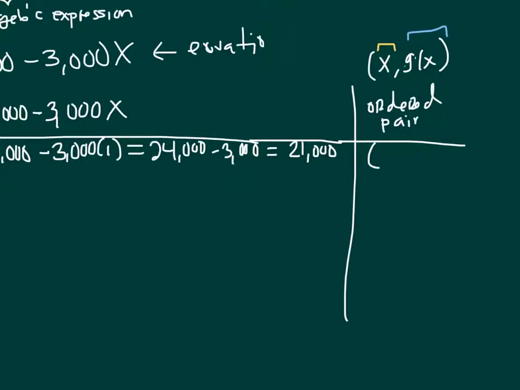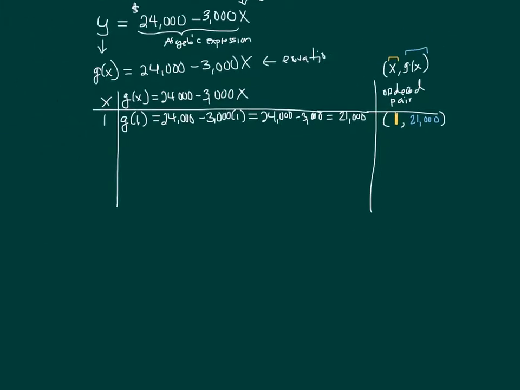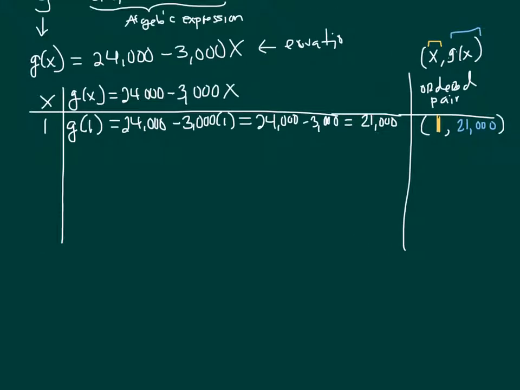So if X is 1, my input, what's my output? What's G of 1? Well, it's definitely 21,000. So that's 1 point. Now let's find maybe 2 more.